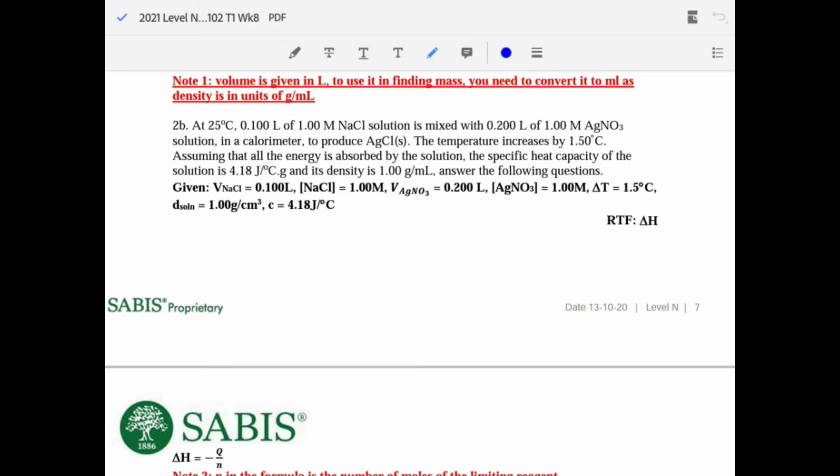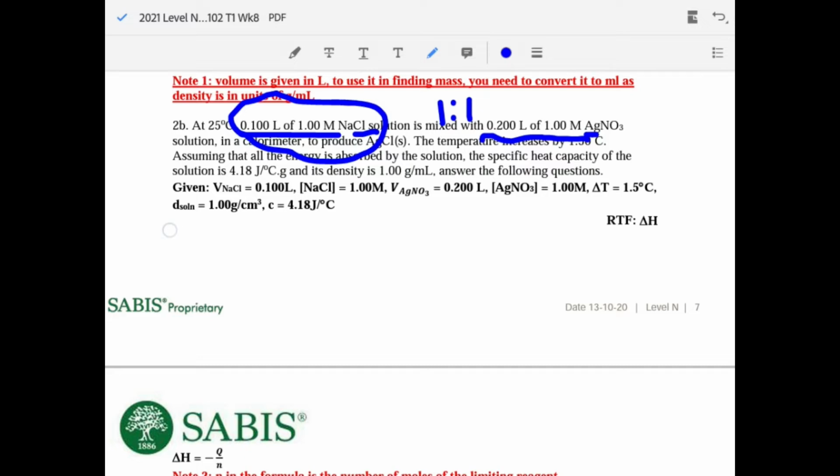For question 2, part C, you have the exact same scenario, but this time you'll notice that the values have changed. So since the Cl and Ag react in a 1-to-1 ratio, you just pick the one that's smaller. So it's this. So you use this for your calculations.